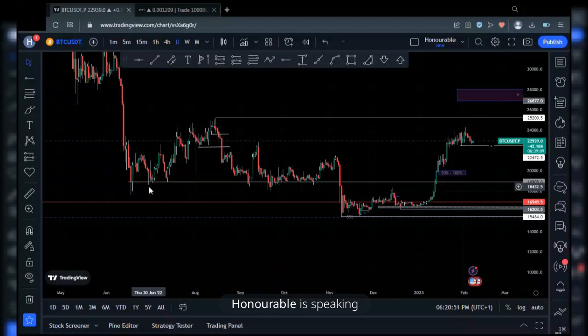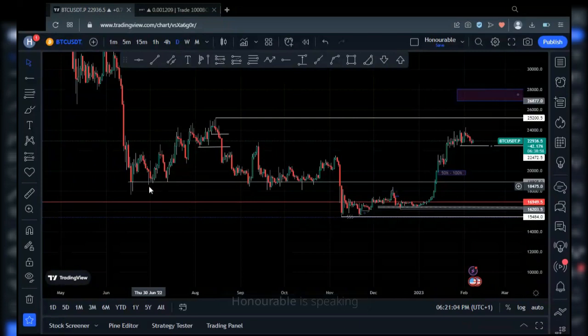If you go down to the lower time frame, you see the distance at which these levels were respected. But I'm going to illustrate this here, then we'll go back to the lower time frame as usual. So you see the first touch, second touch, third touch. Therefore, this level is a valid support level.